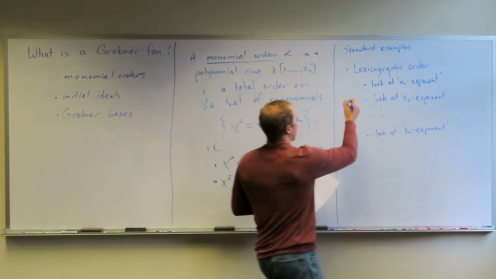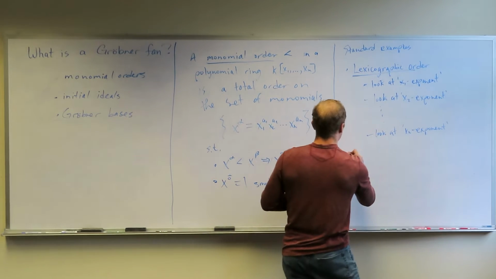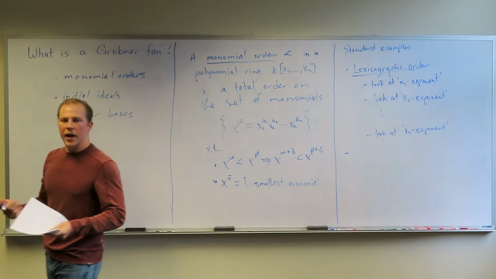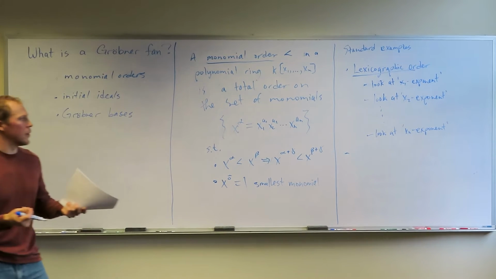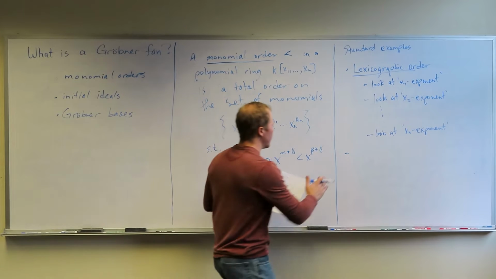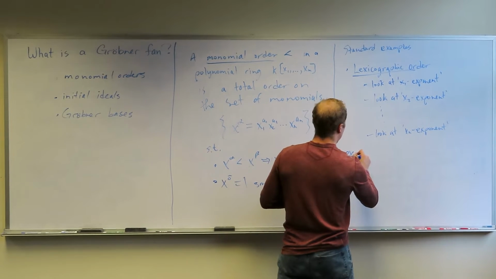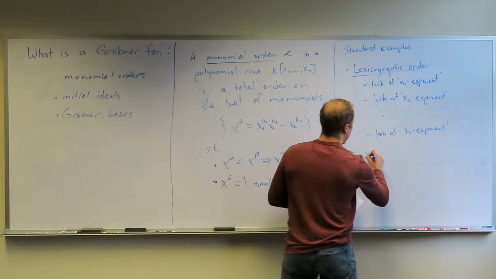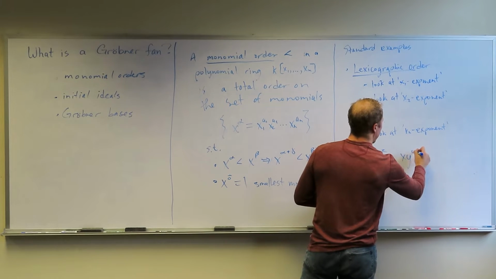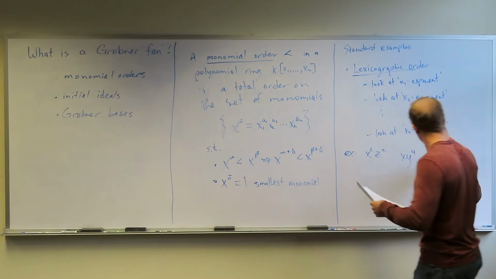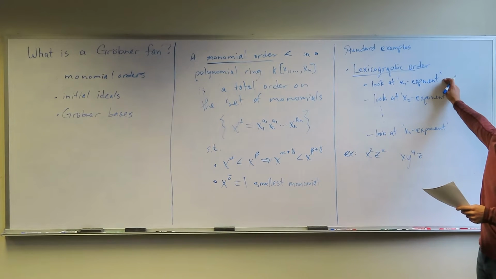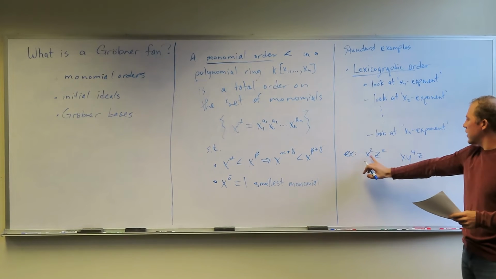So that's lexicographic. Then we could also, maybe we have a graded ring and we want to keep track of the degree. So maybe let's look at an example of lexicographic first. The example here is if I have x squared z squared and say x y to the 4th times z, the first step in lexicographic is to compare the x exponents.